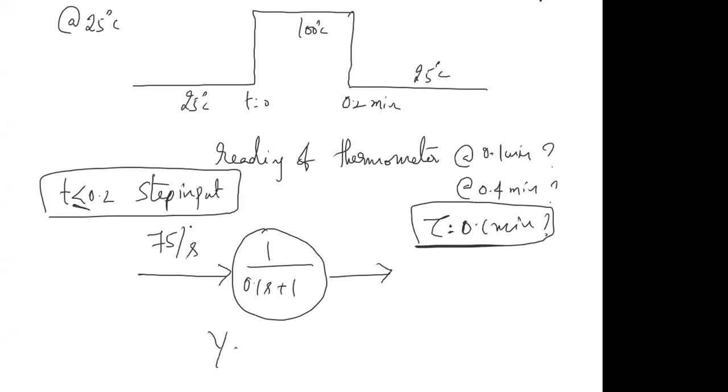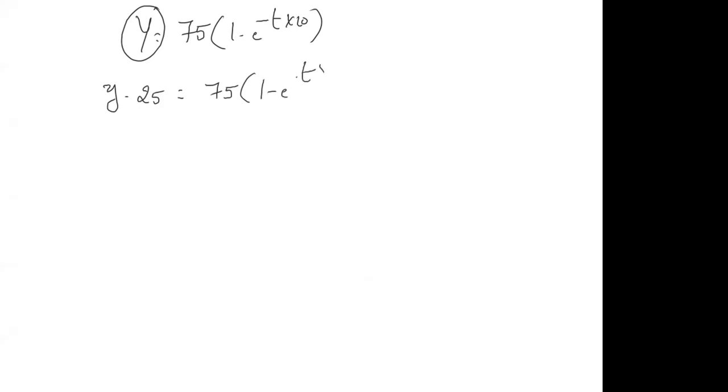My response is 75 into Kp, which is 1, into 1 minus e power minus t by 0.1, so that is 75 into 1 minus e power minus 10t.